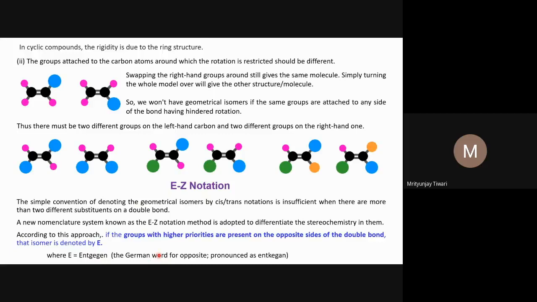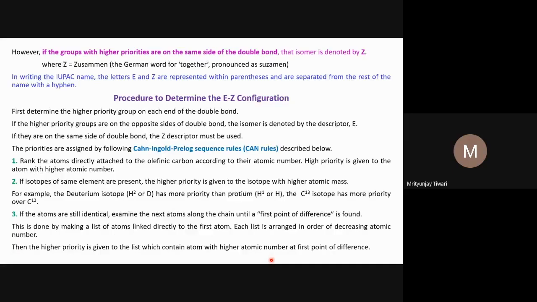If these two bulkier groups are higher priority groups on opposite sides, then this is the E notation. And this is the Z notation, where the higher priority groups are on the same side.